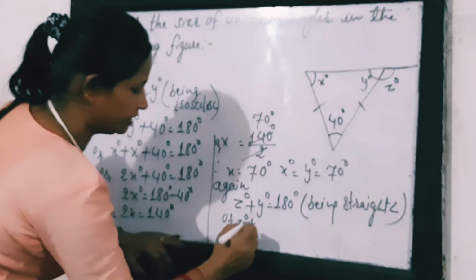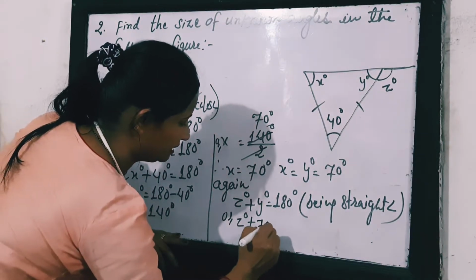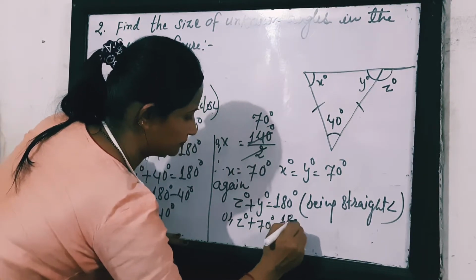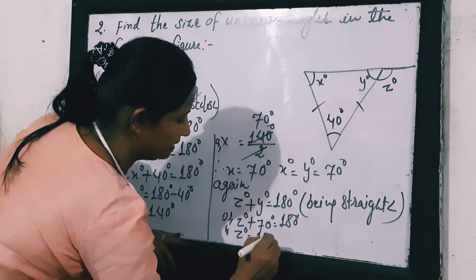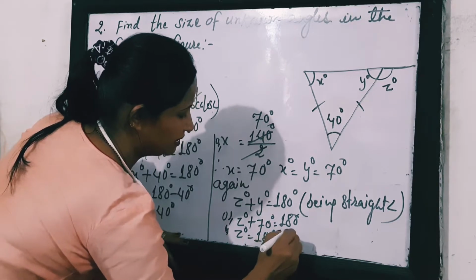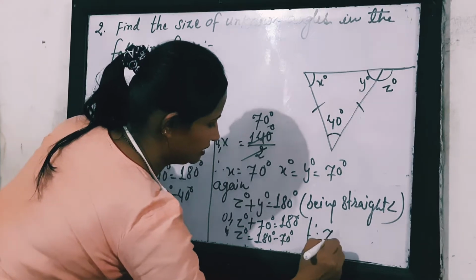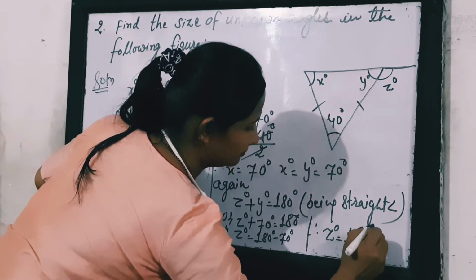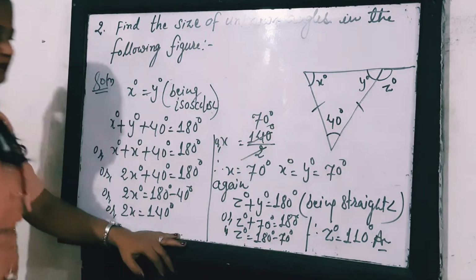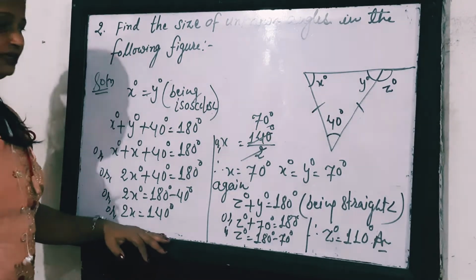So z degree plus 70 degree is equal to 180 degree. Now z degree is equal to 180 degree minus 70 degree. Therefore z degree is equal to 110 degree.